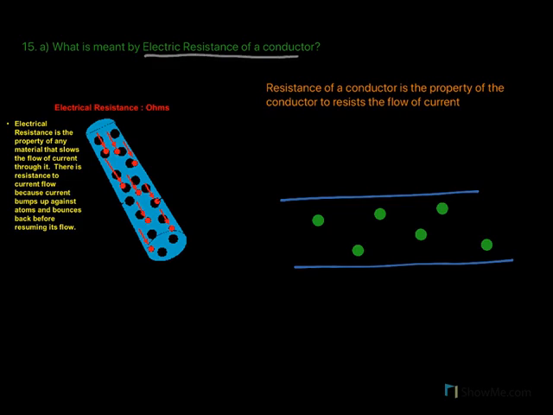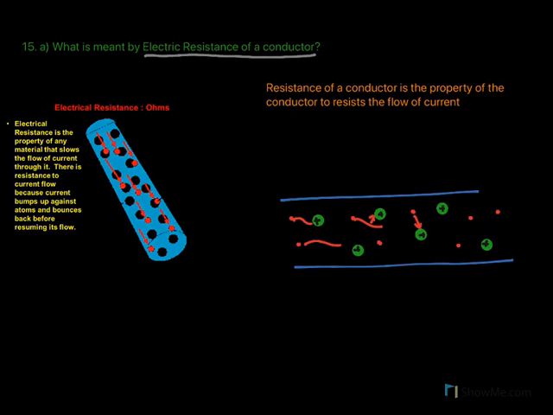What is meant by electrical resistance of a conductor? As the electrons flow through a conductor, they constantly bump into the atoms, and hence they cannot easily flow. In this case, we've seen a conductor and there are positive nuclei, and as these electrons keep flowing through the wire, they are constantly attracted by the nucleus, because the nucleus is positively charged.